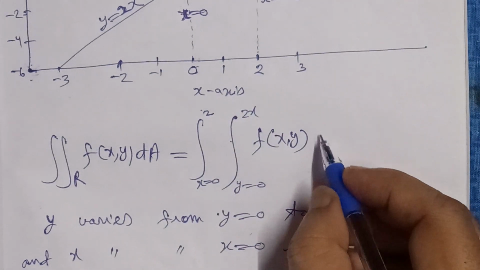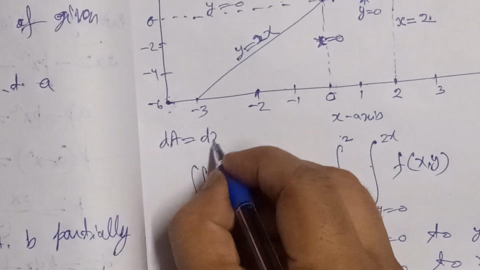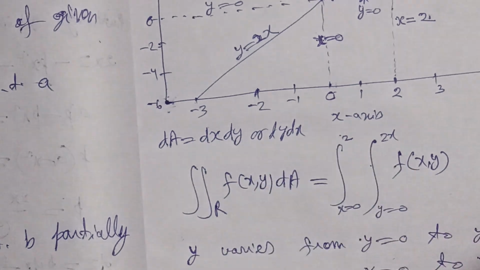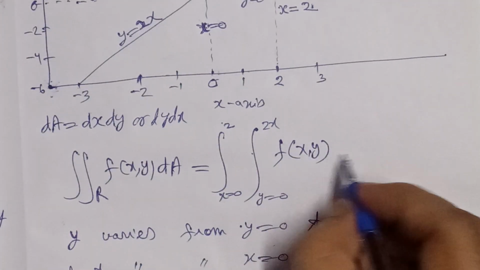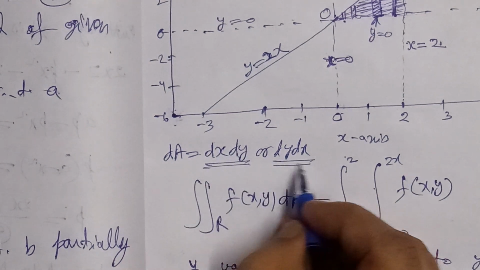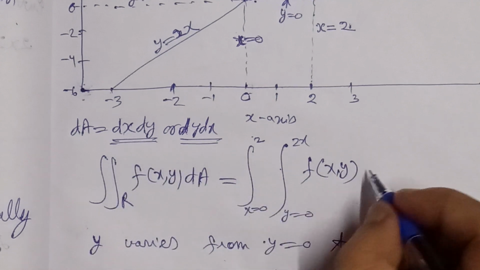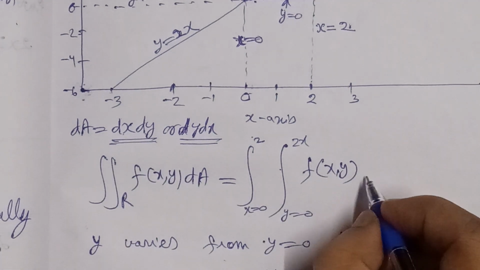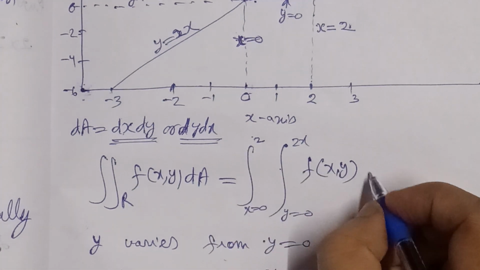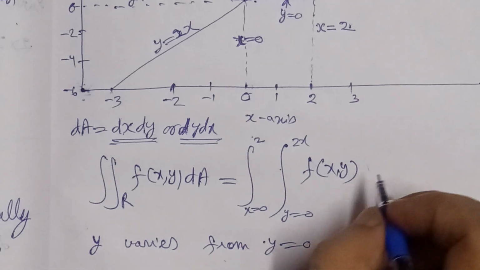And here we know that dA can be written as dx dy or dy dx. Since the x limit is first, we write dx first and dy second.